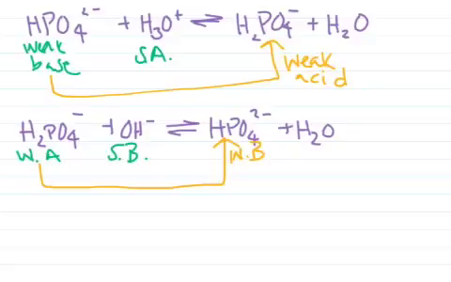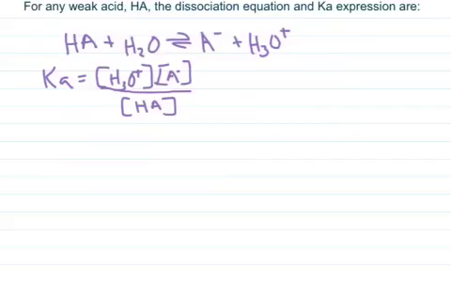Now here's a question. For us to solve the pH directly instead of calculating hydronium, because hydronium usually refers to a strong acid, first we need to use the Henderson-Hasselbalch equation. So how do we get this equation? So let's take a look. For any weak acid, which we represent as HA, the dissociation equation and Ka expression are as follows.